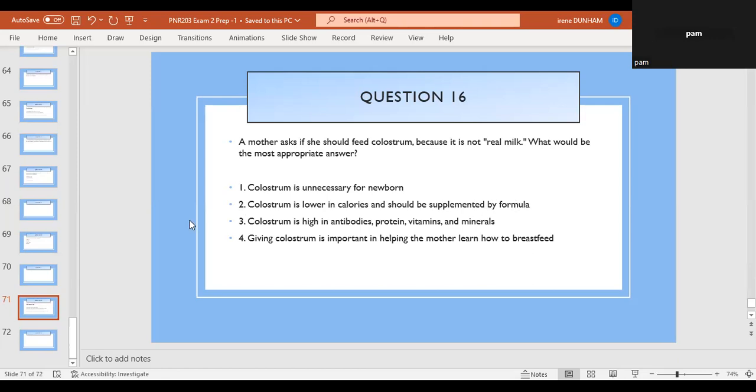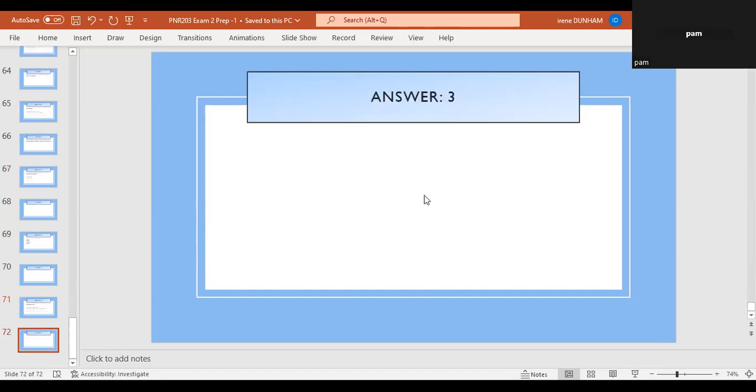No. We don't supplement by formula. Colostrum is high in antibodies, proteins, vitamins, and minerals. Oh, I think I know that one. But let's see what number 4 says. Colostrum is important in helping the mother learn how to breastfeed. Now, I know that colostrum is high in antibodies, proteins, vitamins, and minerals. So I would choose 3. And that's correct. Okay. So that concludes.